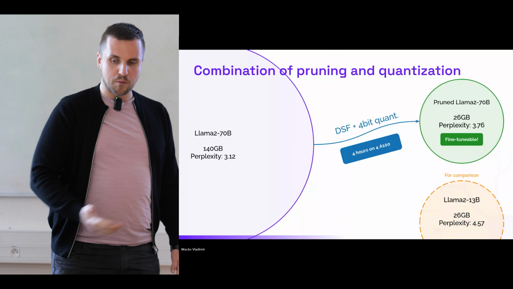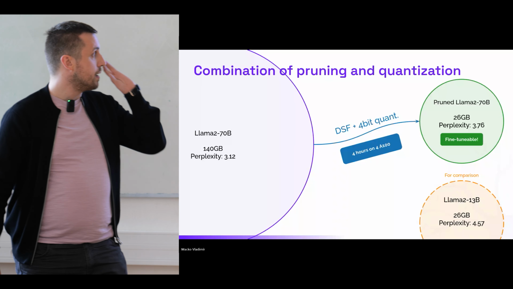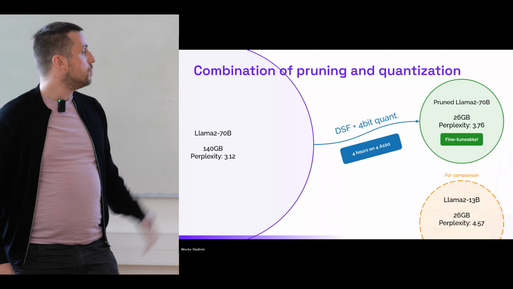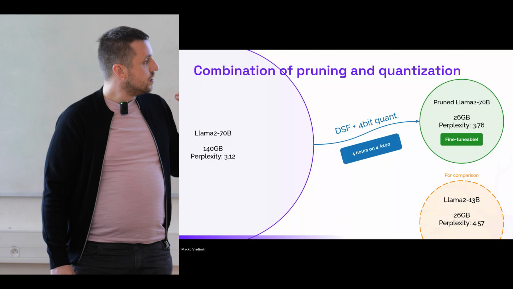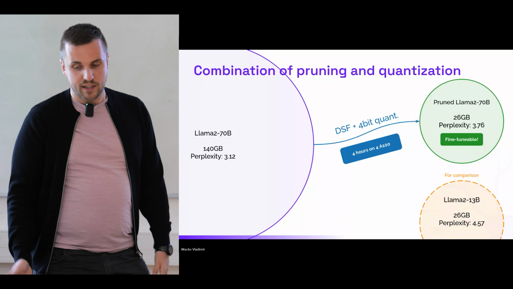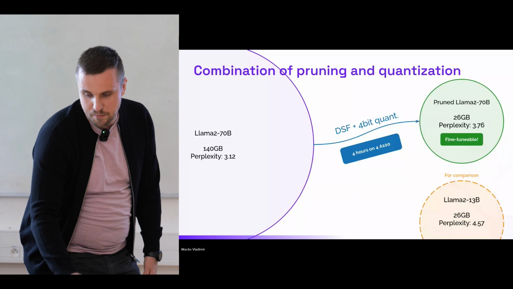And we arrived at a model called pruned Llama 2 70b that only has 26 gigabytes of memory and perplexity 3.76, which is some degradation. However, compared to the baseline of the distilled model, Llama 2 13b, that has perplexity 4.57, we are much, much better.